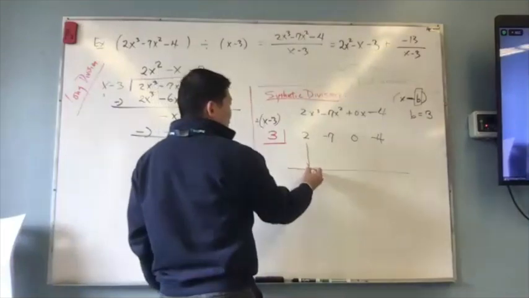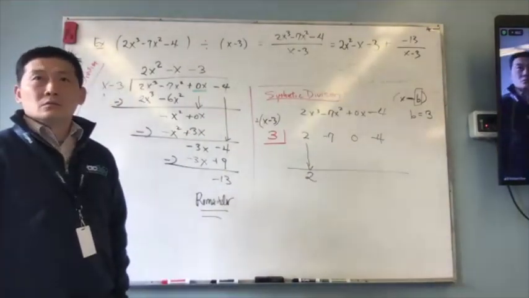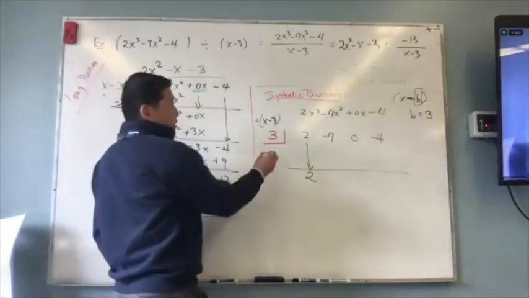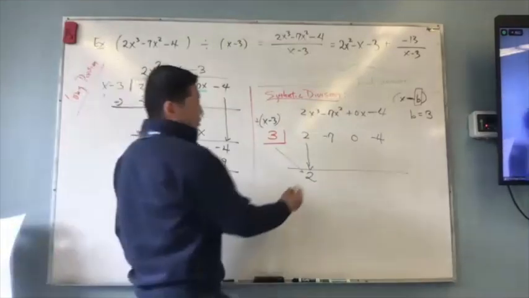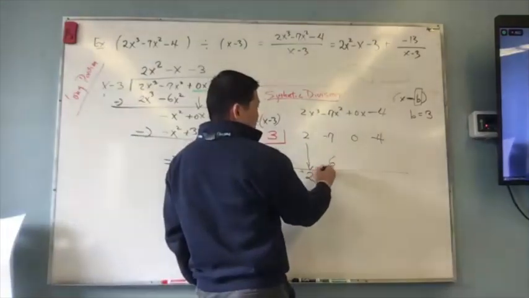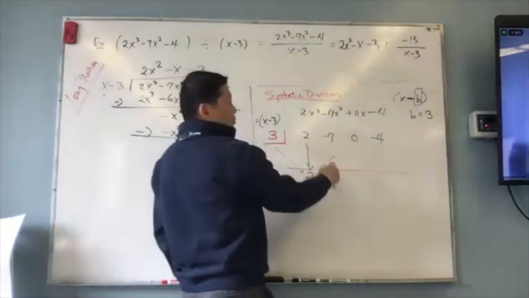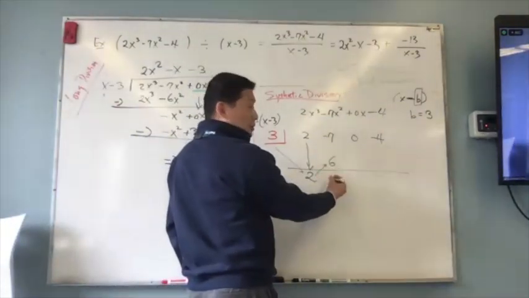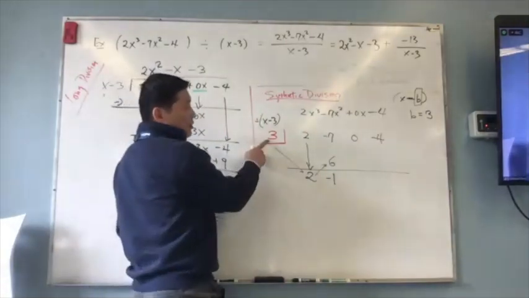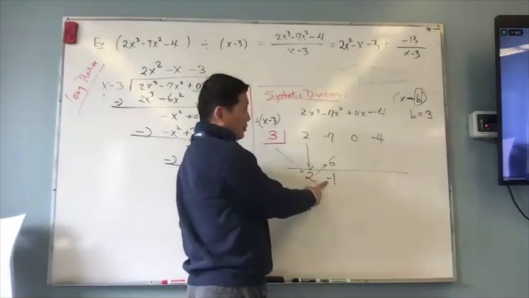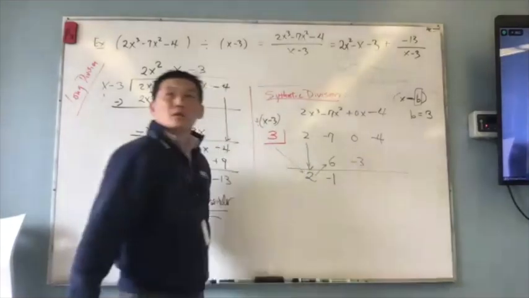I'll pull down the 2. And I say, okay, 3 times 2 is 6. So I put 6 right here. -7 plus 6 gives you -1. So then I do the same thing. 3 times -1 is -3, and -3 goes here.